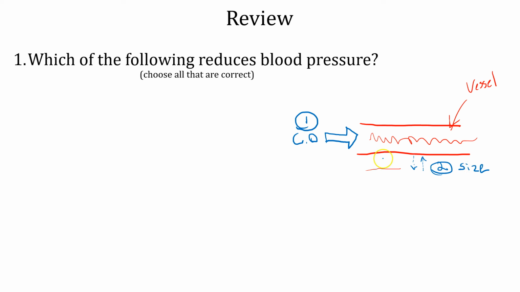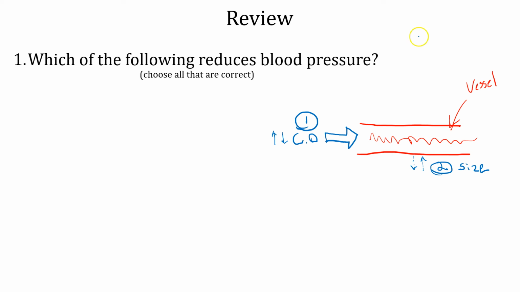Okay, sorry, let me say that again. So now, considering size, you can either increase or decrease cardiac output, or increase or decrease the size. Imagine two scenarios where you have one vessel that has the same amount of fluid, but one of the vessels is really huge and one of the vessels is really small.